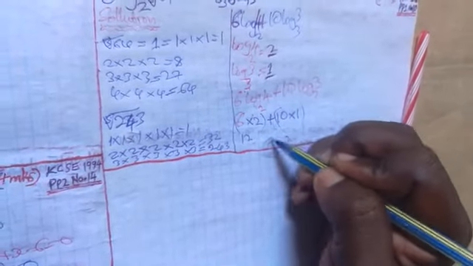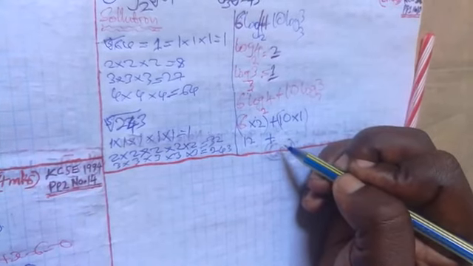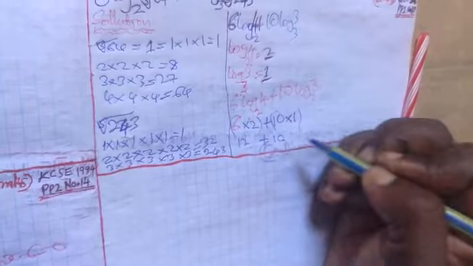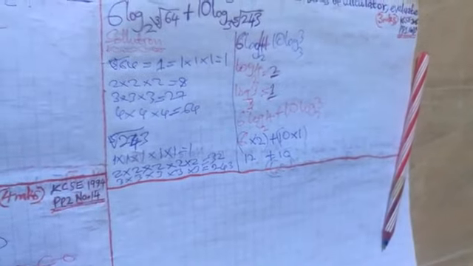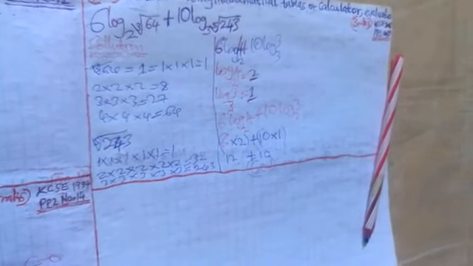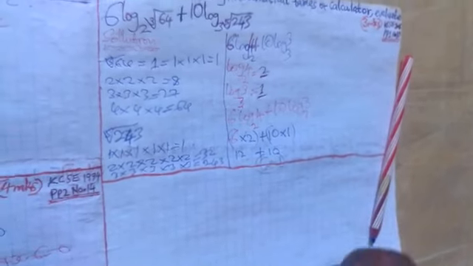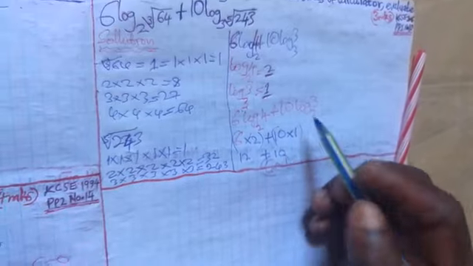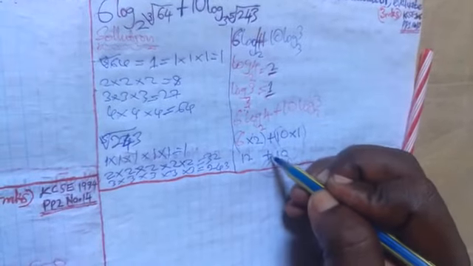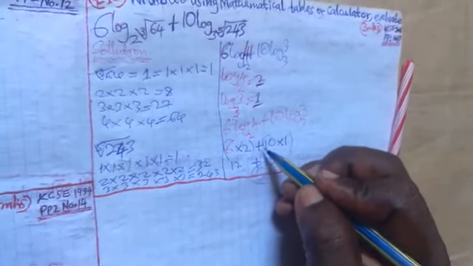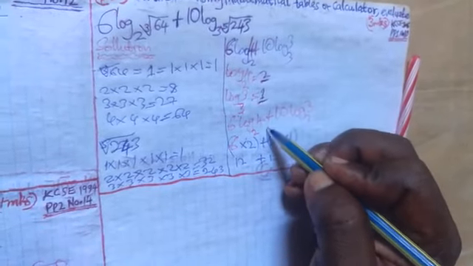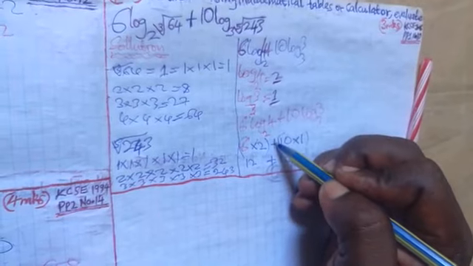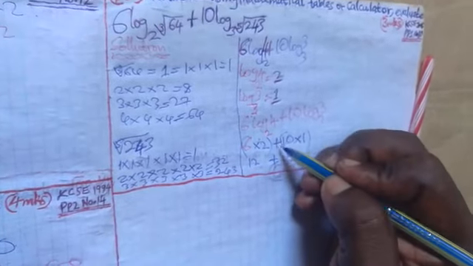If we bracket, this becomes 12 plus 10. Sorry, this is not plus, this is multiplication, because we have dropped the logs, and addition goes with multiplication in the laws of logarithm.